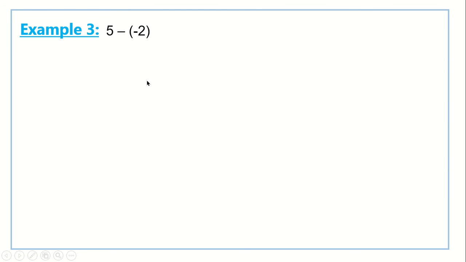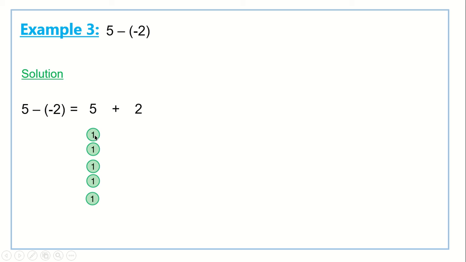We look at example 3. We have 5 minus negative 2. So we understand that a negative of a negative will always give us a positive. So we actually have 5 plus 2.